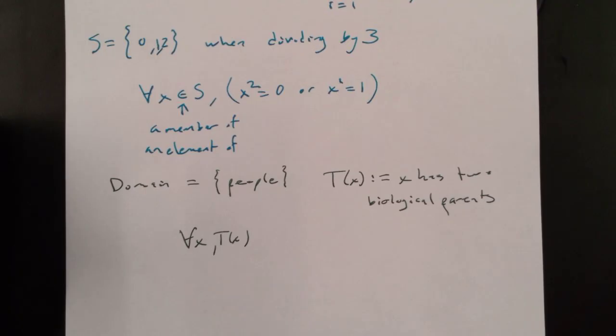I hope you can look at yourself. I am a person. I'm in this domain. I have 2 biological parents. 2 different people contributed to me genetically to make me a person. Yes? So what would make this false? If I change the domain.